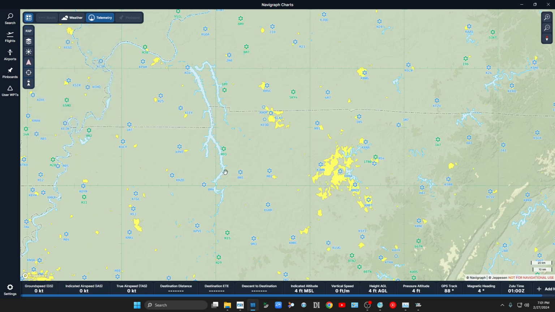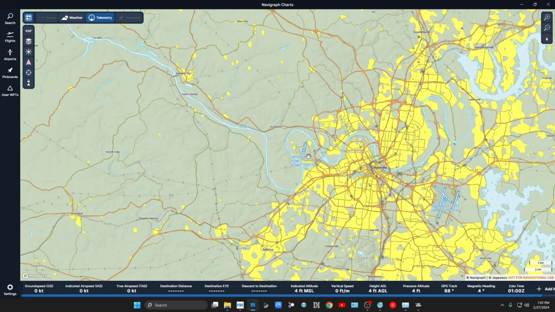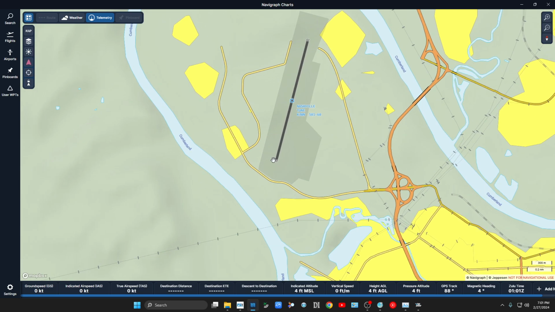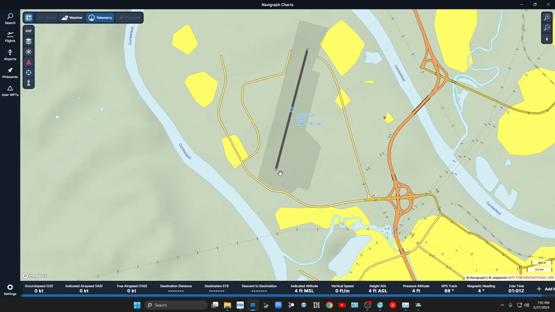I'm going to get rid of the VFR sectional here because I think it'll be easier to depict the runway. So, quick explanation. What are the numbers on the runways and what do they mean? So basically, you have runway 02, which is usually, the zero is dropped and it's called runway 2.